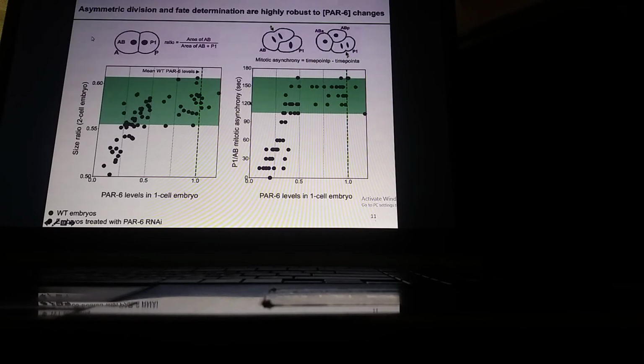In other words, to the ability of these blastomeres to define their fate. And once again, we see that for a large reduction, these blastomeres are able to define their fate quite nicely, even with this large reduction in PAR6 amounts.